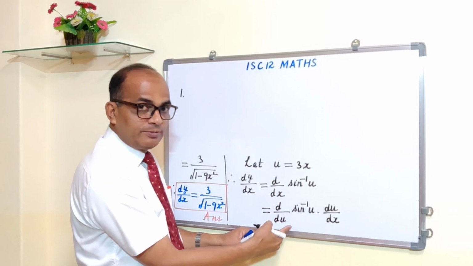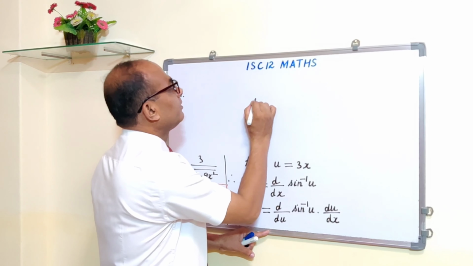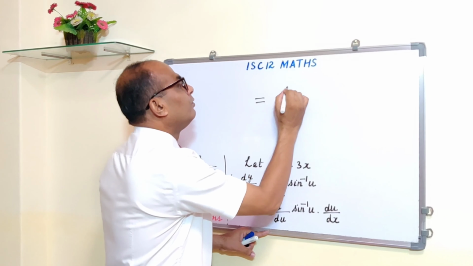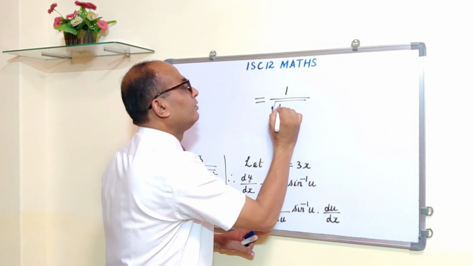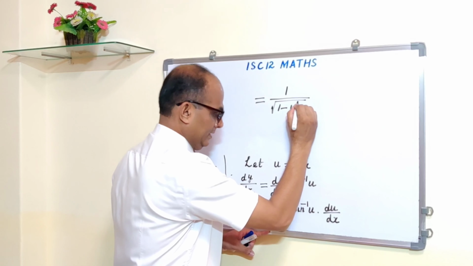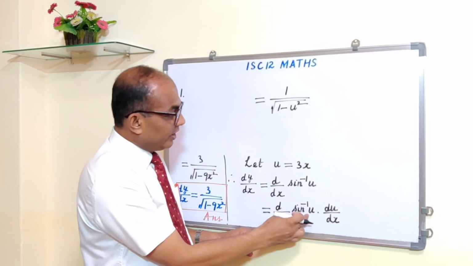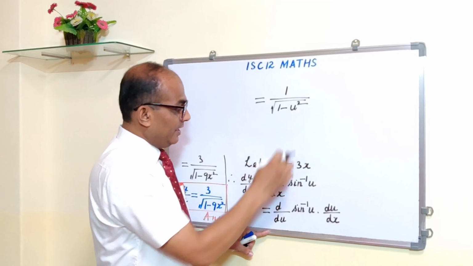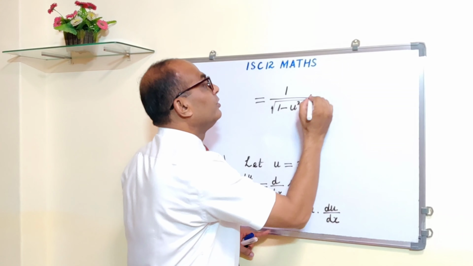So 1 over root 1 minus u square here. Like x square, d dx of sine inverse x is 1 over root 1 minus x square. Here it is u, so 1 minus u square. And this is d dx of u.